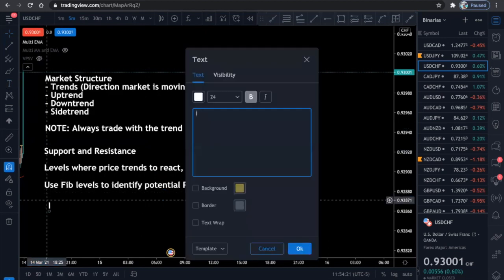Okay, the only indicators, these are an extra confirmation. Okay, indicators are extra confirmation.